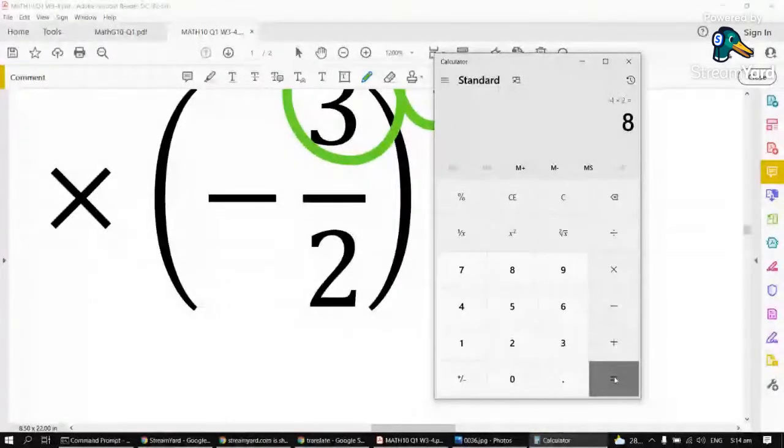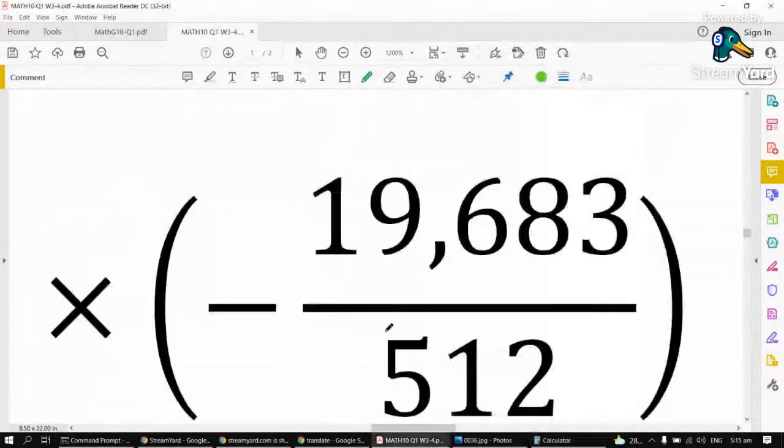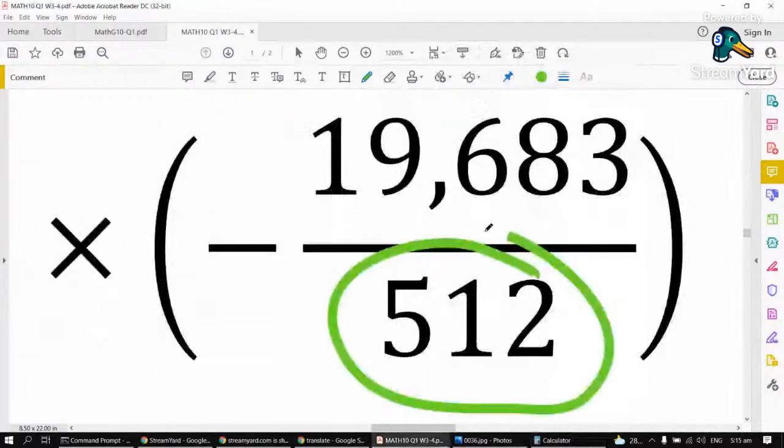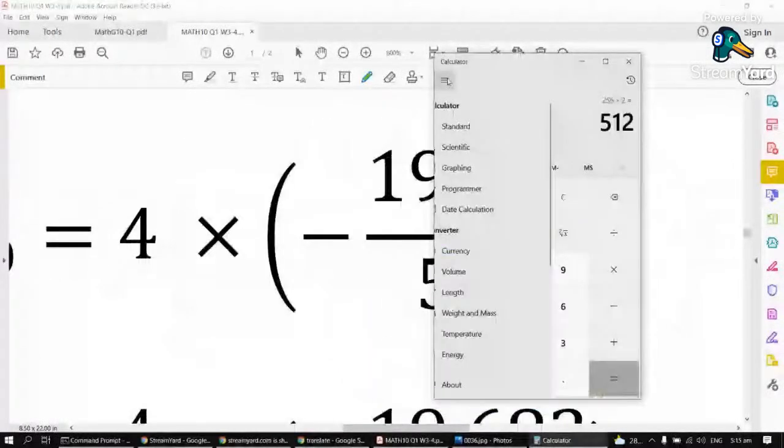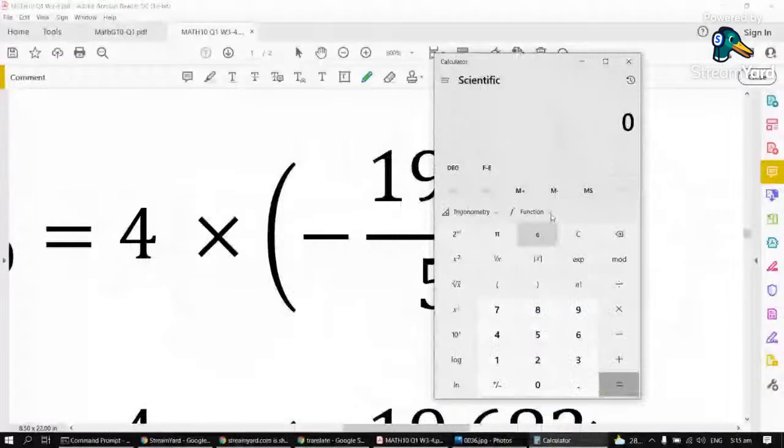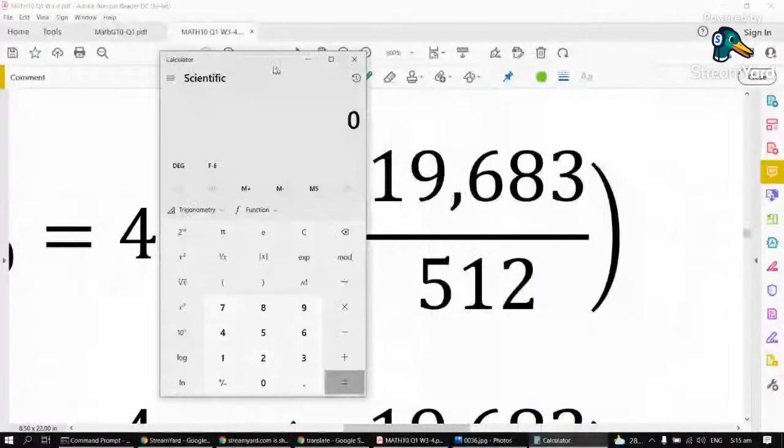Third term, fourth term, fifth term, sixth term, seventh term, eighth term, ninth term, 512. Okay? Or if you have a scientific calculator, it is a little faster here.